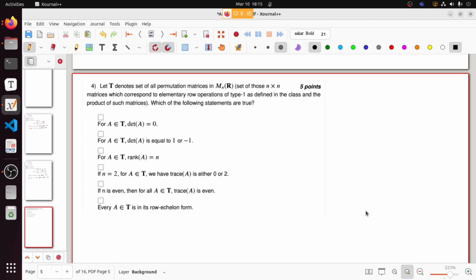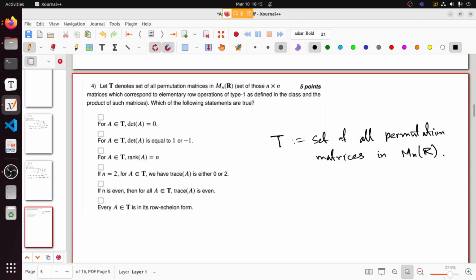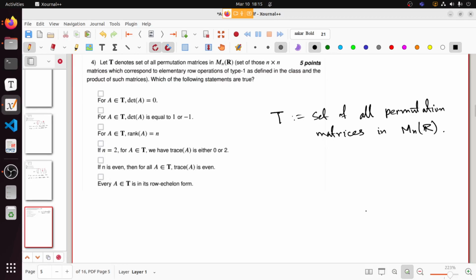So what is T? T is the set of all permutation matrices in M_n(R). So this kind of matrices are there.